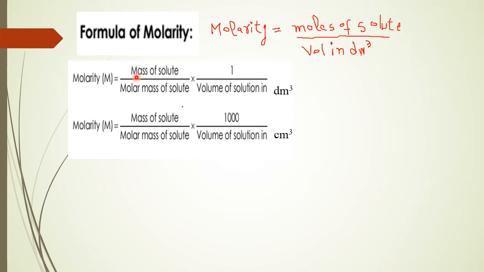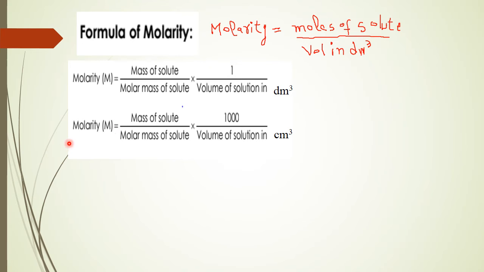Mass of solute divided by molar mass of solute, you can also replace by the term moles of the solute, because we know that moles of the solute is actually equal to the mass of solute divided by the molar mass of the solute. Now if the volume of the solution is in dm cube, you can put 1 over here.